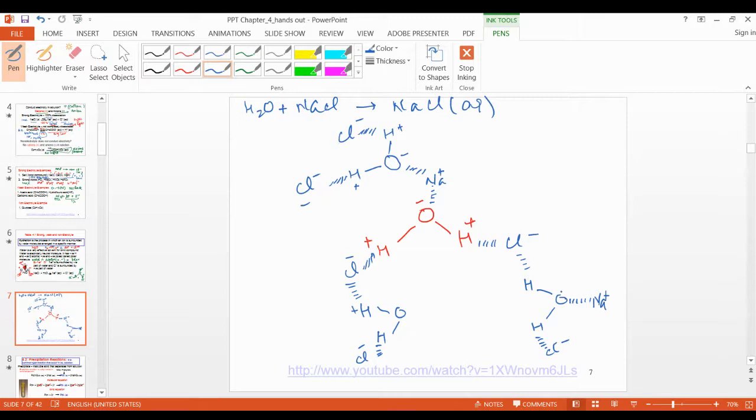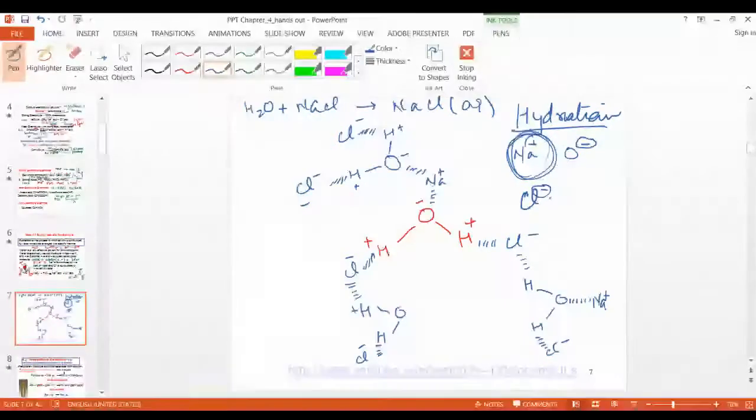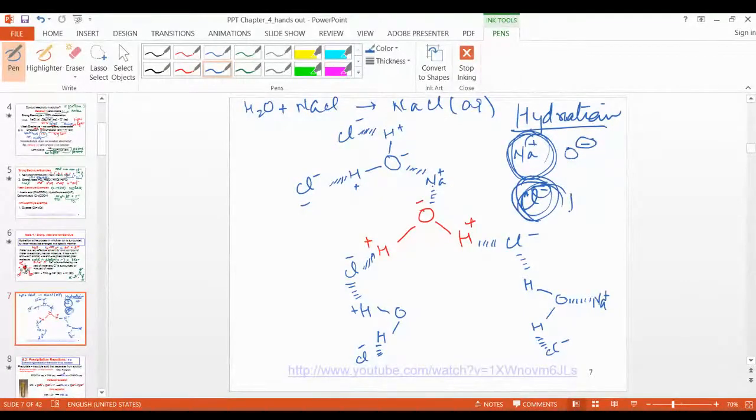See how big these molecules are. They interact like this. This process is known as hydration. How does this hydration happen? The sodium ion is covered by oxygen minus, right? And Cl minus is covered by H plus of water. Look here.